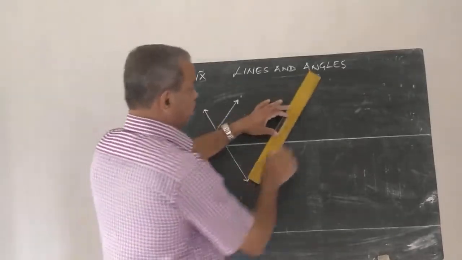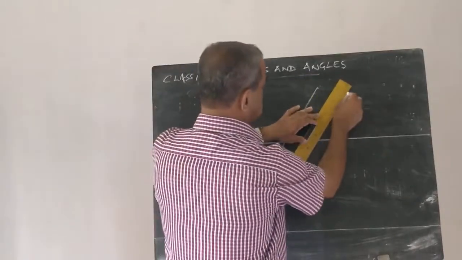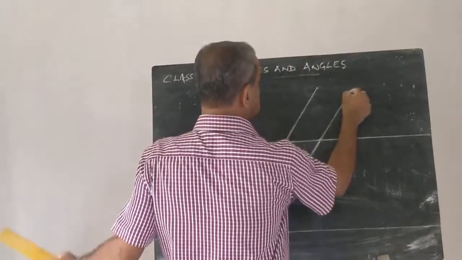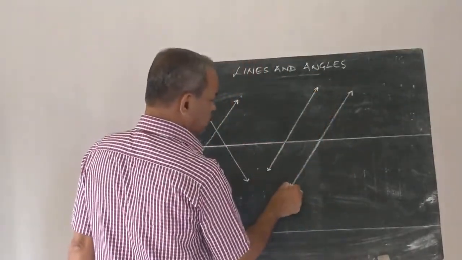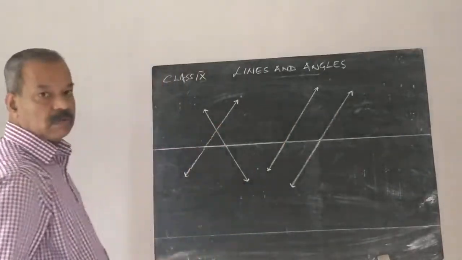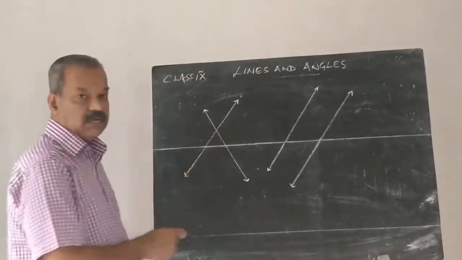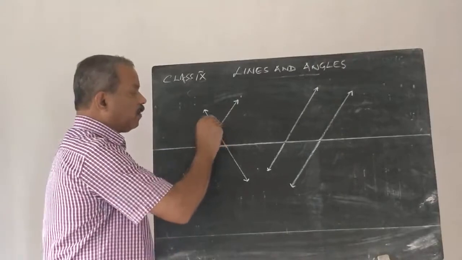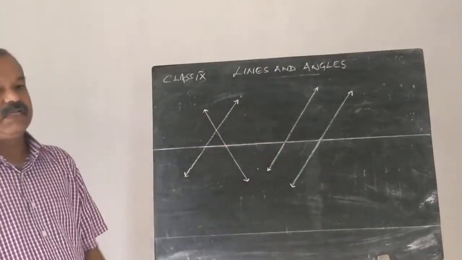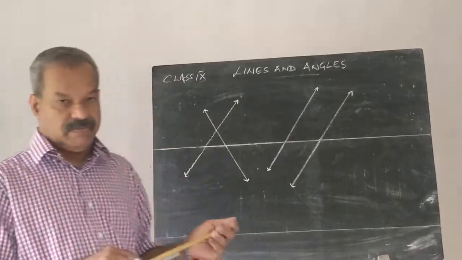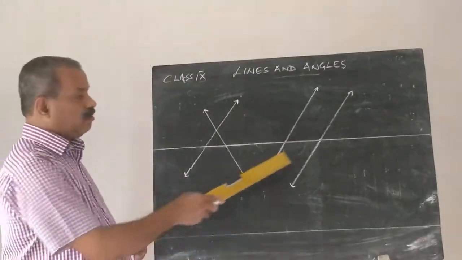Another way, this. What is the difference between these two pairs? In the first case, they have a common point. In the second case, there is no common point.